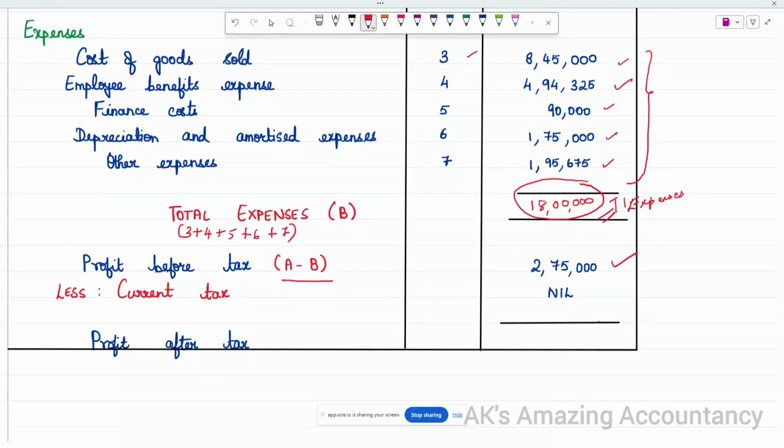And if you have any current tax, that has to be deducted here. But you don't have any tax given for the present year actually. So current tax is not available. So you write current tax nil. So profit before tax is 2 lakhs 75,000. And since there is no tax, profit after tax will also be the same 2 lakh 75,000 only.